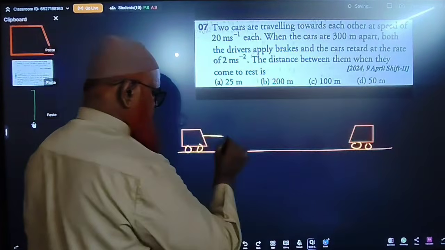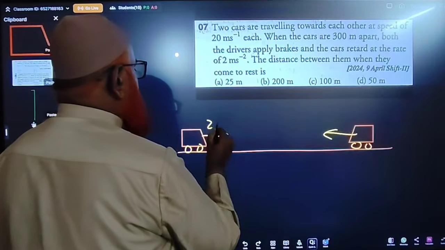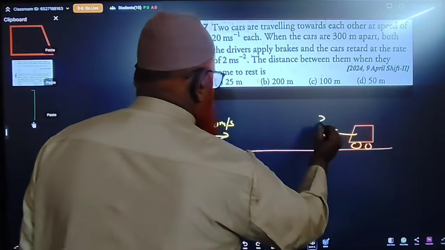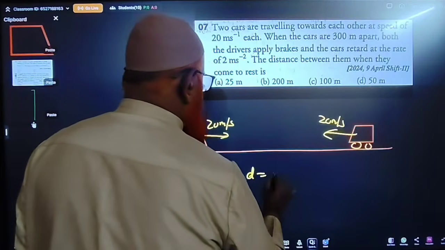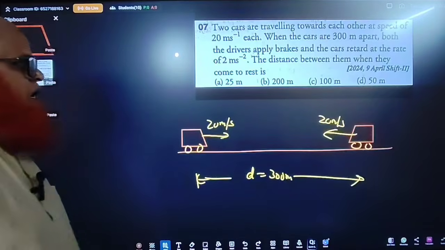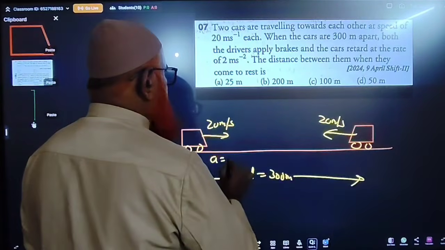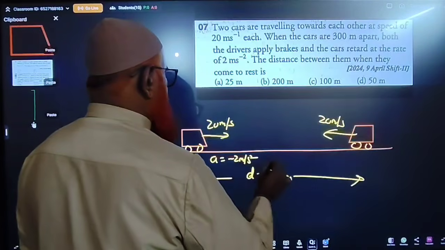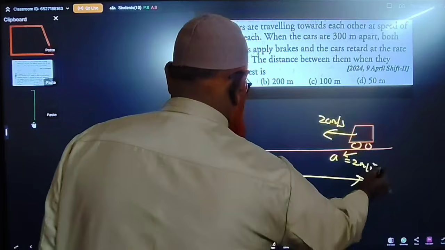What were the speeds of the cars? 20 meters per second, 20 meters per second. What is the distance between them? 300 meters. Okay. And their retardation means brakes are applied. This one is going with a retardation of 2 meters per second square, and this is also moving in this direction with a retardation of 2 meters per second square.